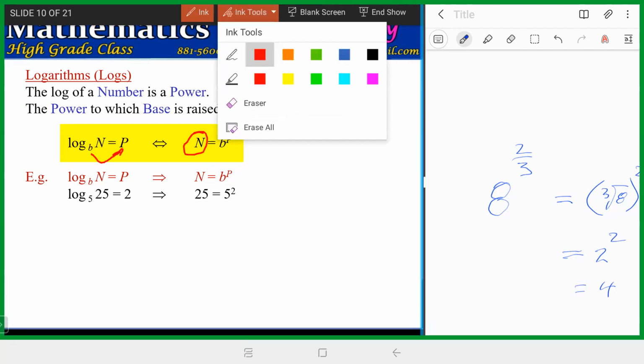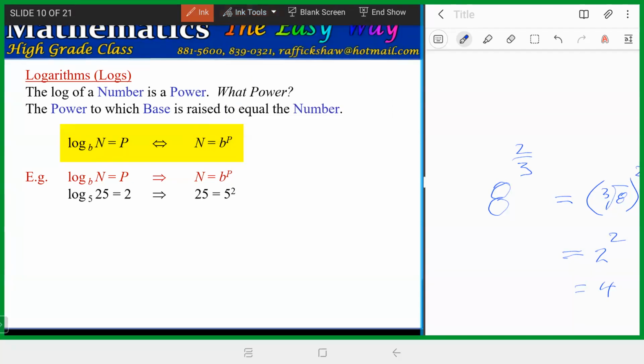And that's why I deliberately use the letters N, B, and P for you to see the connection between logs and indices. Because in indices, you have a base, a power, and a number. Same thing in this expression. You're taking the log of a number to a base, and I'm telling you now that when you take the log of a number, it is equal to a power.